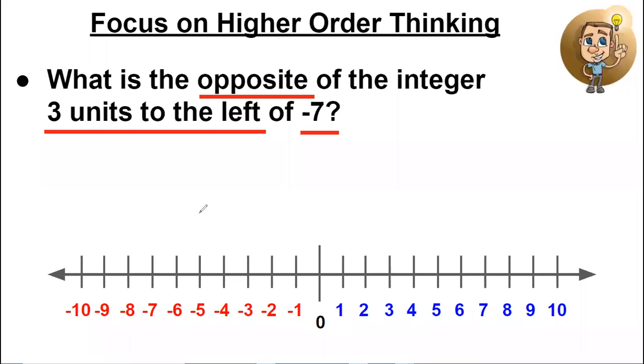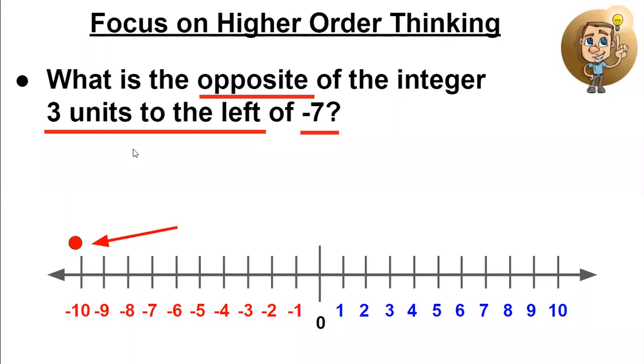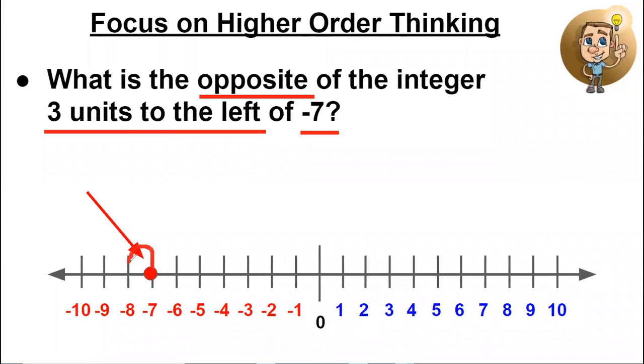So for example, we're going to start on -7. There it is, graphing that. And now we have to go 3 units to the left of -7. So how would I go 3 units left? Well, I have to count them, don't I? 1, 2, 3 units left. Where did I land? Right, I landed on -10, right?